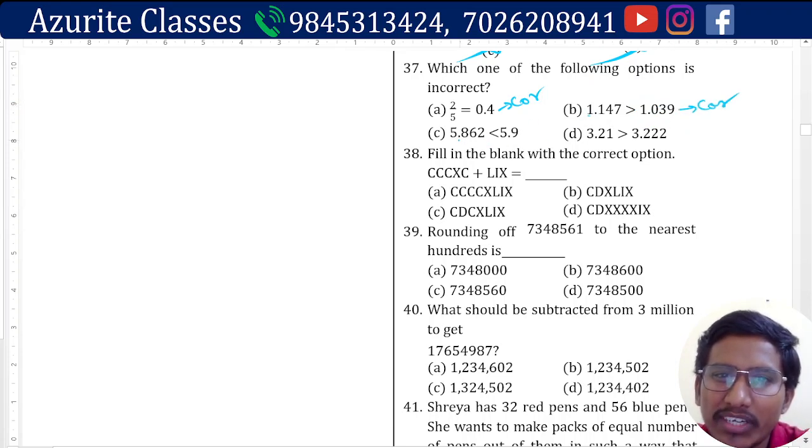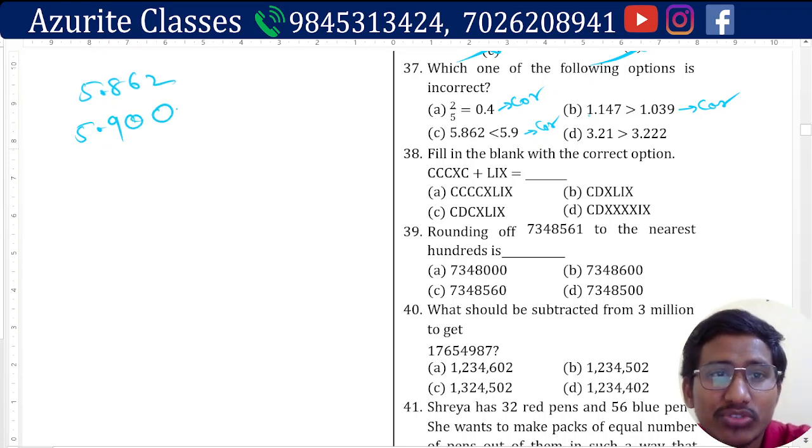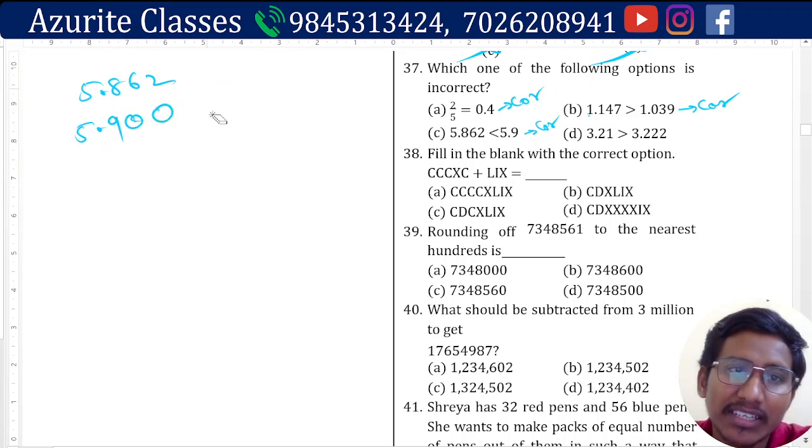And then 5.869 is smaller than 5.9. Yes, that is also correct. So if you get confused, 5.869 and 5.9 means you write zeros, so it looks like 5.900. This is the bigger and this is the smaller. So that is also correct.